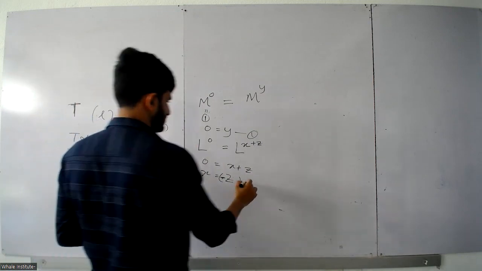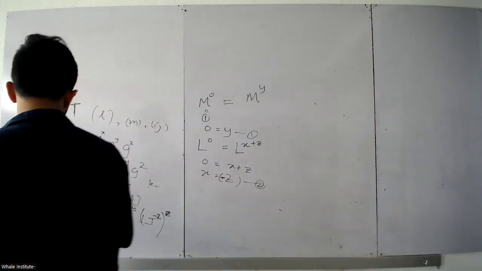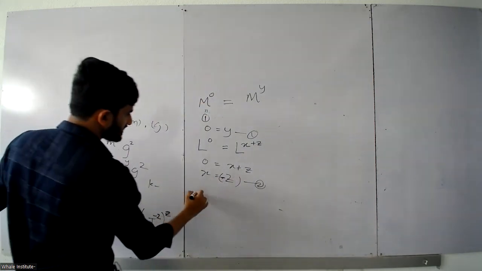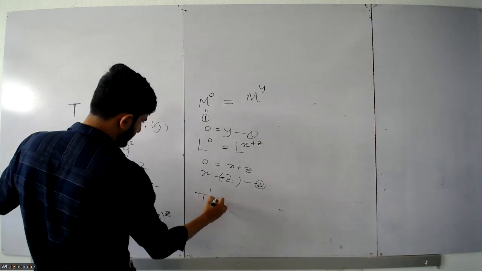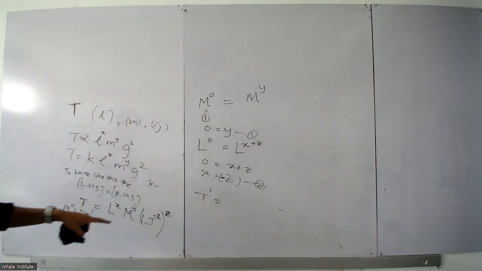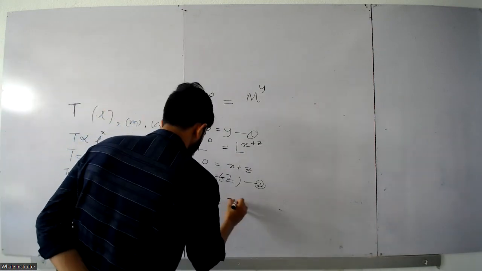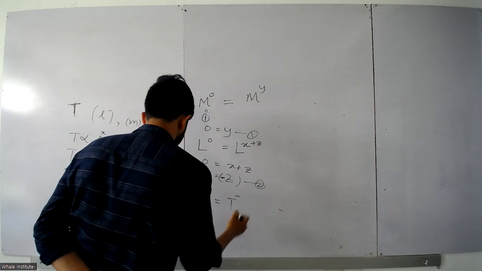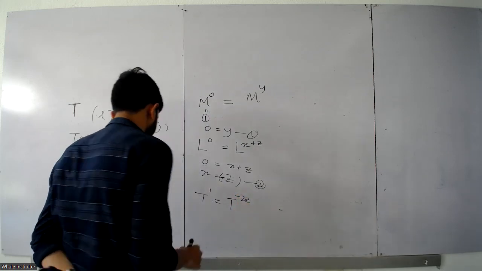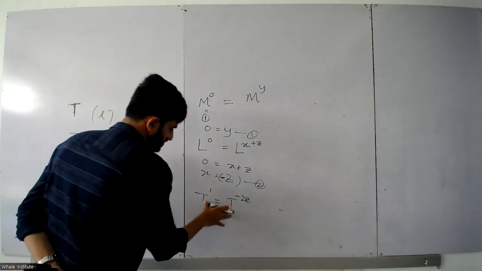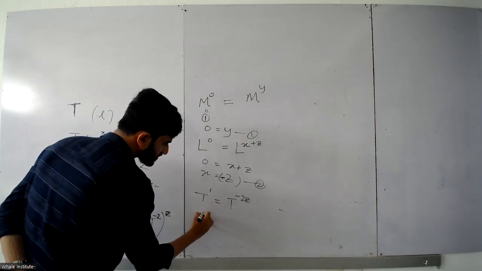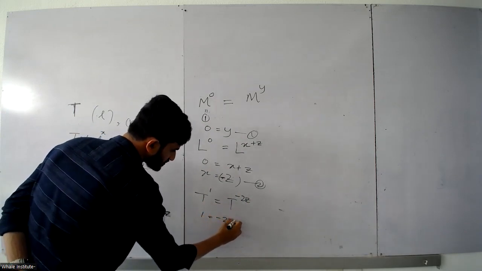That's the second equation. And for the third base, that's T. Considering T to the power 1 on the left, on the right it's T to the power minus 2 into z. So you can equalize the powers: 1 equals minus 2z.